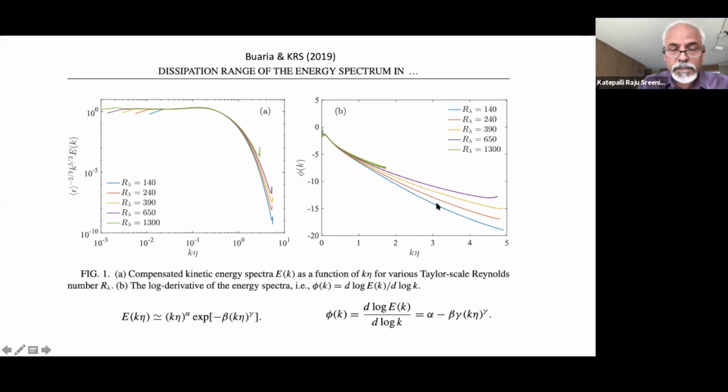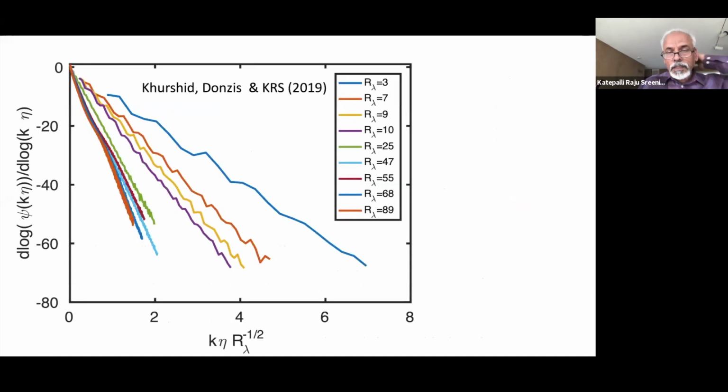So that's a puzzle. In fact, the only way I can see how to collapse them all, whose rationale I will momentarily explain, is instead of k eta, I will try to collapse them on k eta times R lambda to the power minus half, where R lambda is the Reynolds number. And I will explain to you why I choose minus half.